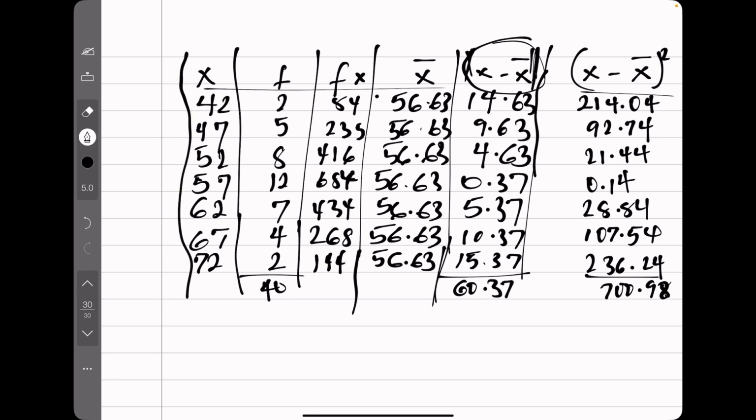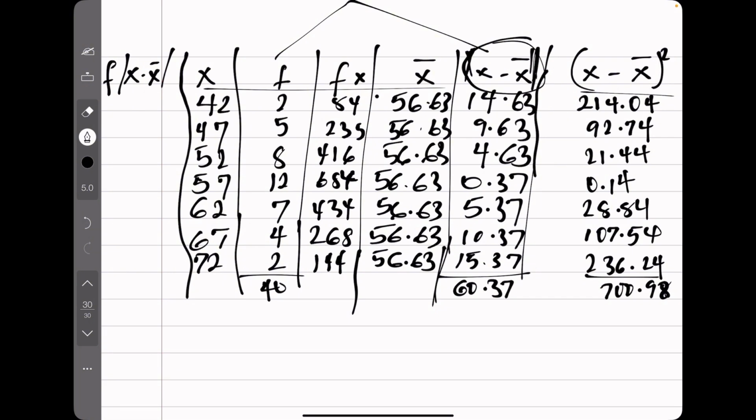It's the last thing we're adding to the table, which is our f times x minus x bar. That is the multiplication of this and this together.